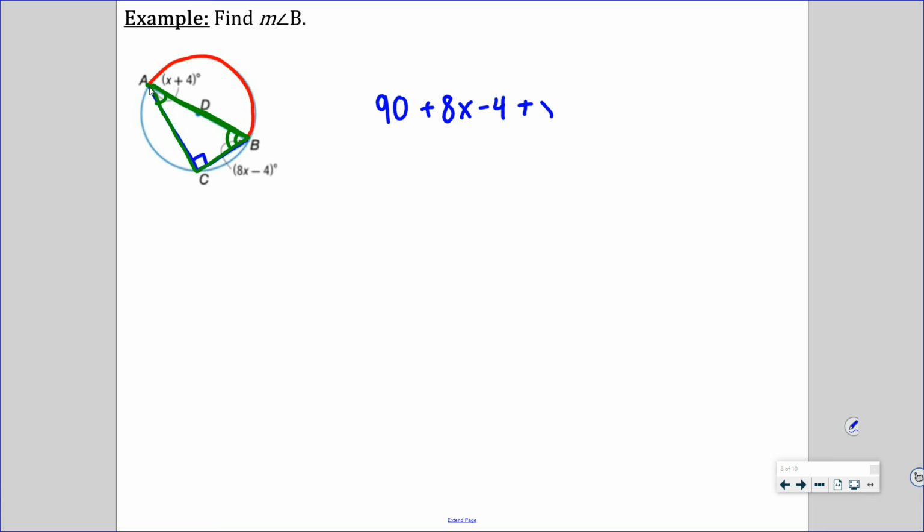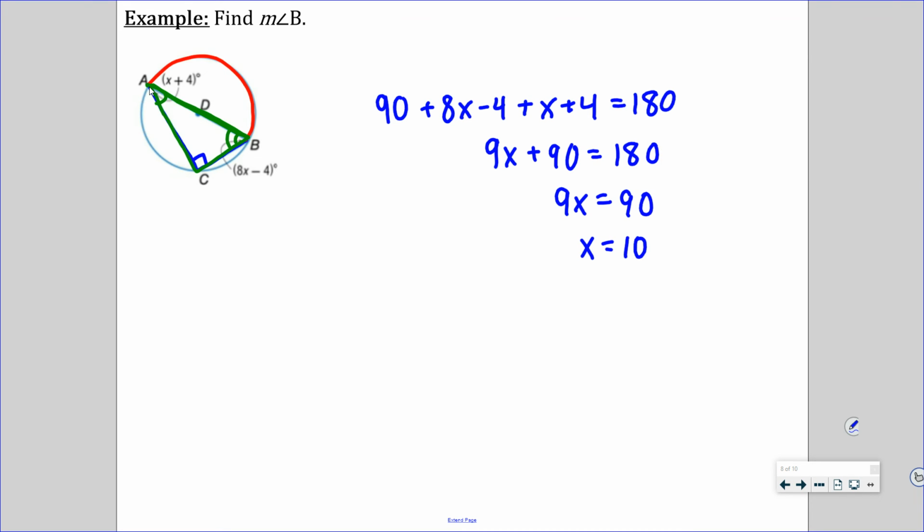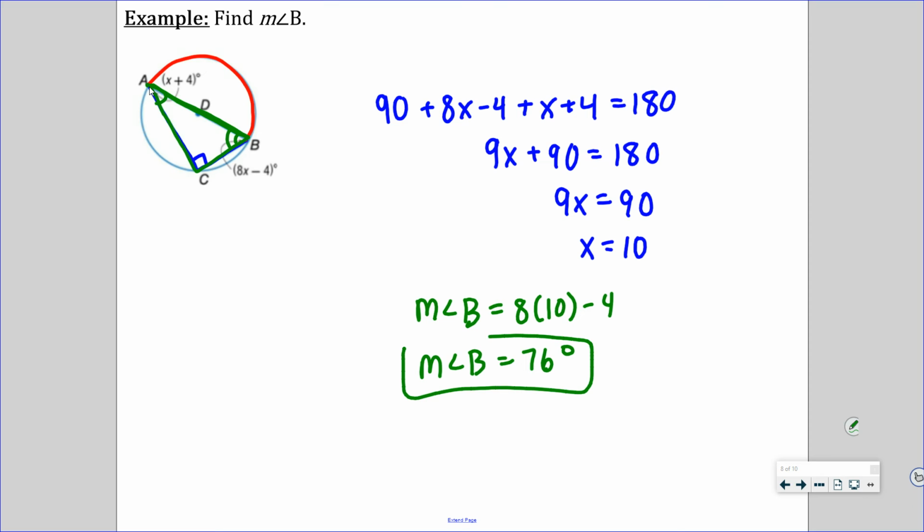Plus angle B, plus angle A, form a triangle and have to add up to 180 degrees. X is 10, meaning the measure of angle B is 8 times 10 minus 4. We get 76 degrees.